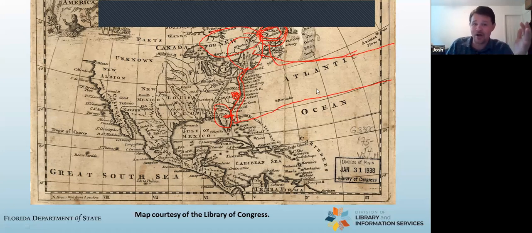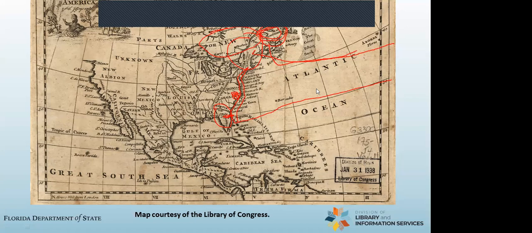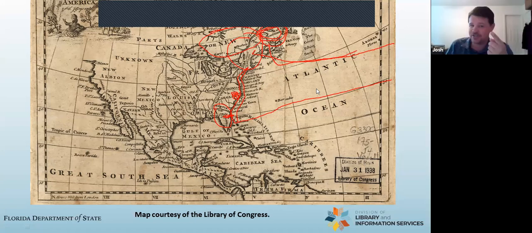So this is a really big problem for Spain because it's twofold. There are two issues. Not only is this a foreign power establishing a toehold in the vicinity of the Bahama Channel, thereby putting a potential strategic chokehold on it, but in addition to that, they're Huguenots.